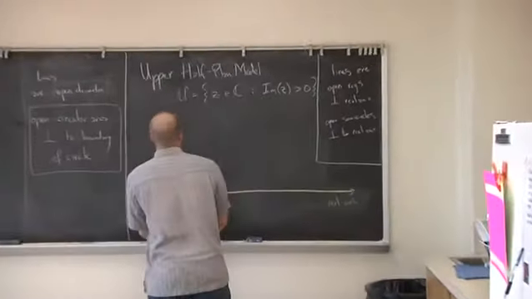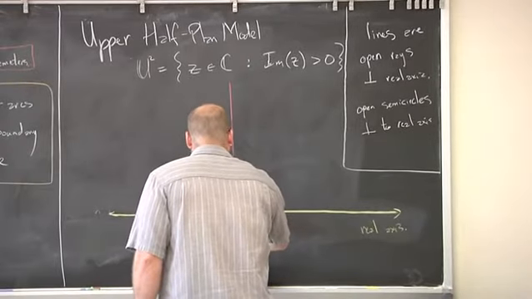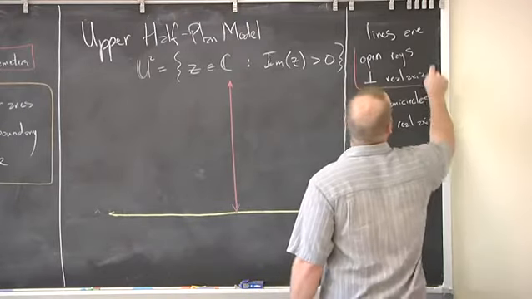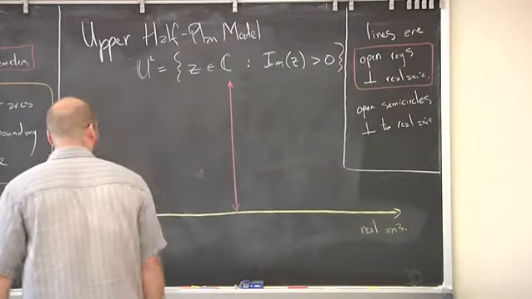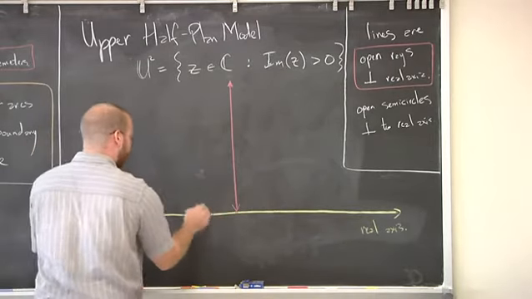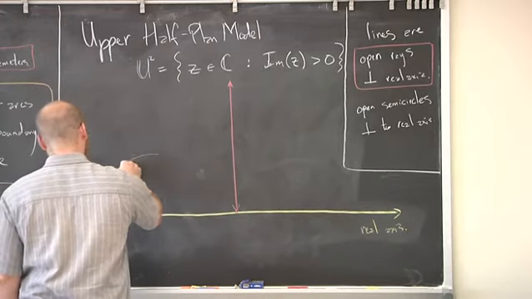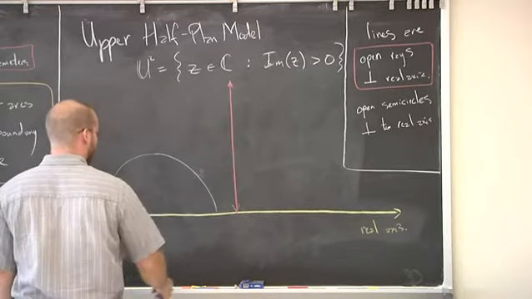So when I start drawing lines, like we have here, this line and that line, this is the open rays orthogonal to the axis. And then we have half circles orthogonal to the boundary.